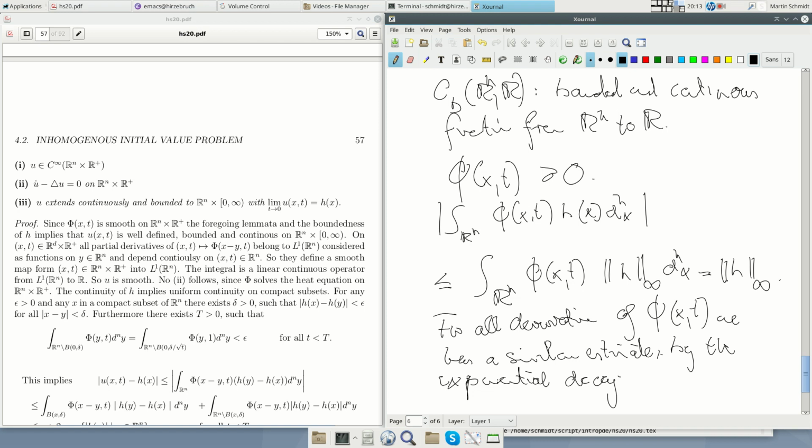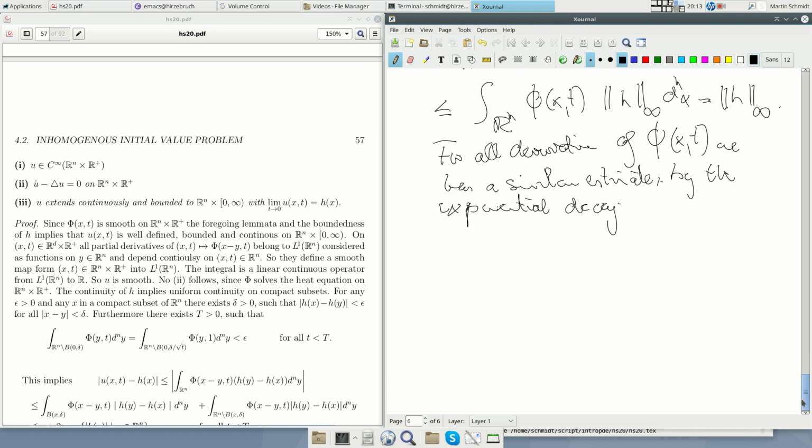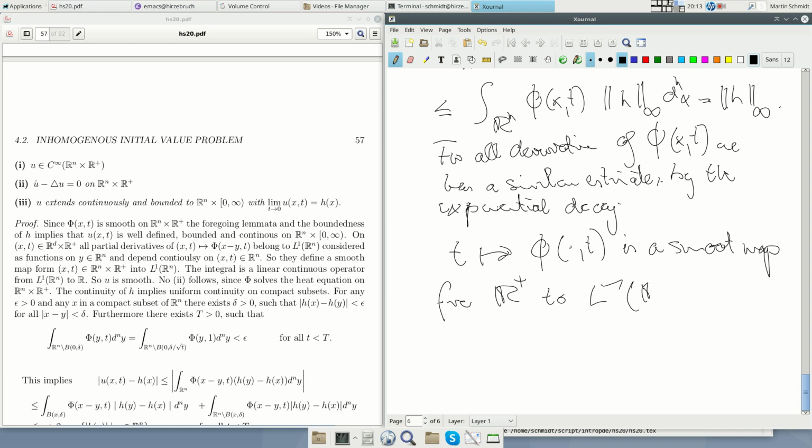So we say that the map t going over to phi of dot, t is a smooth map from R plus to L1 of Rn.